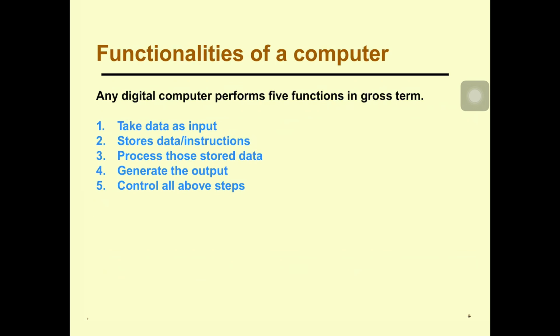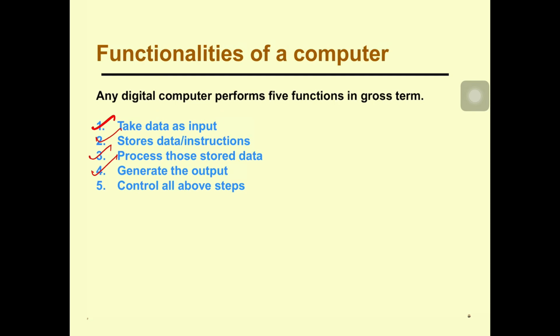What it has to do, these are the instructions. And what input is given to it, it is the data. Okay. So we can see that it stores the data and instructions. And then it processes those stored data according to the instructions. And then it generates the output. Okay. All the above steps are controlled by the computer.